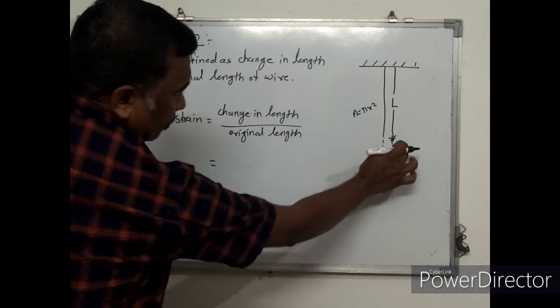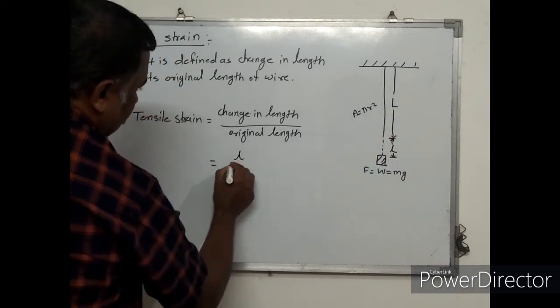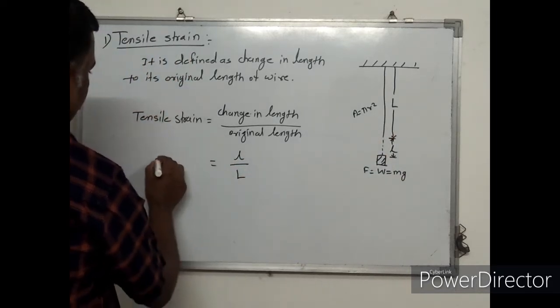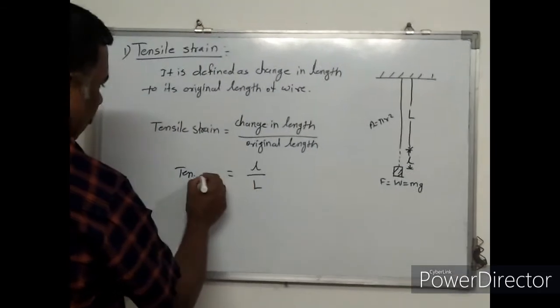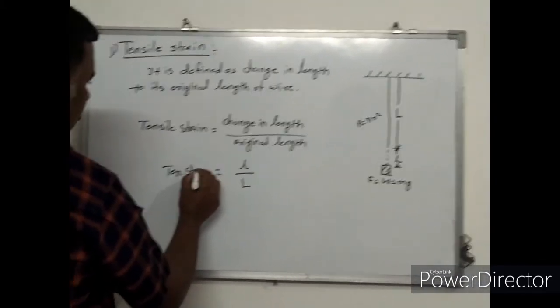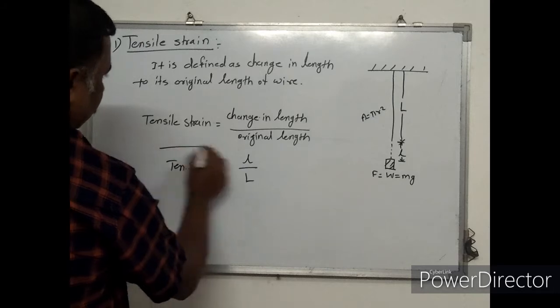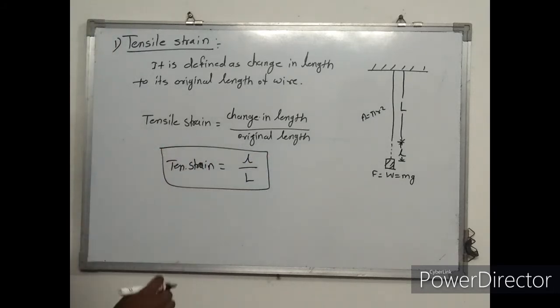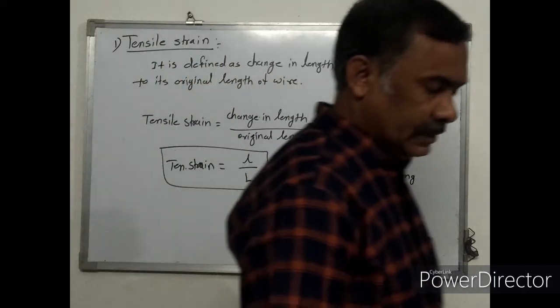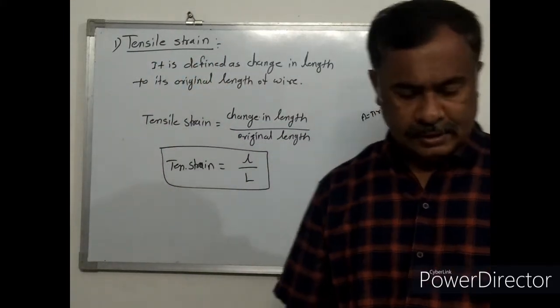Change in length is small l, that is small l divided by capital L. This is the formula for tensile strain, right? Strain is a unitless quantity, that's why tensile strain has no units, right?